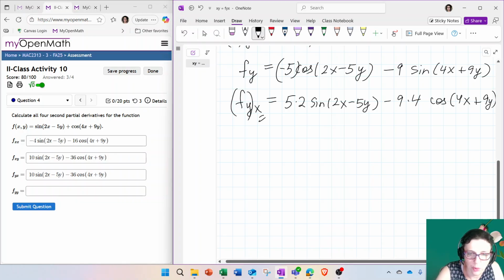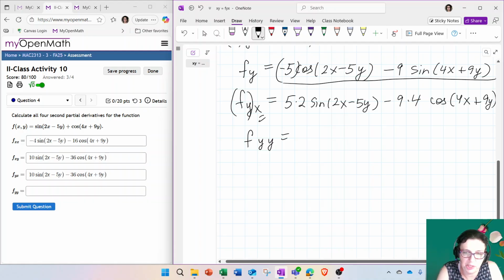Okay, so fyy means this is the last one. So I'm taking the derivative of this guy with respect to y again. Okay, so the derivative of cosine of a thing is negative sine of the same thing. Negatives will cancel, so it'll become 5 sine(2x minus 5y). But I also need to multiply by the derivative of the thing with respect to y, which is negative 5.